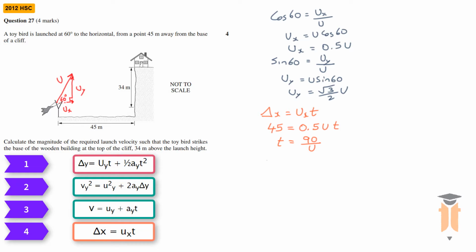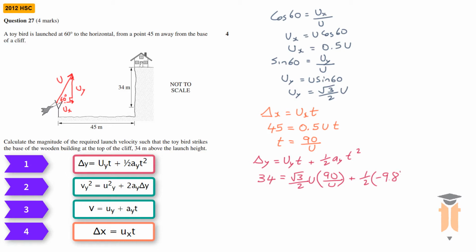So the next equation here we're going to use is the change in vertical displacement is equal to uy t plus half a t squared. My change in y is 34. My initial vertical velocity is root 3 on 2 u. Now sub in the t value, which is 90 over u, plus half times minus 9.8.